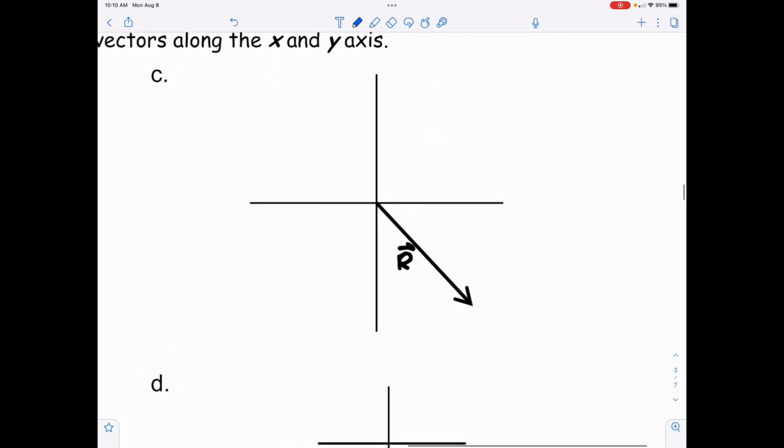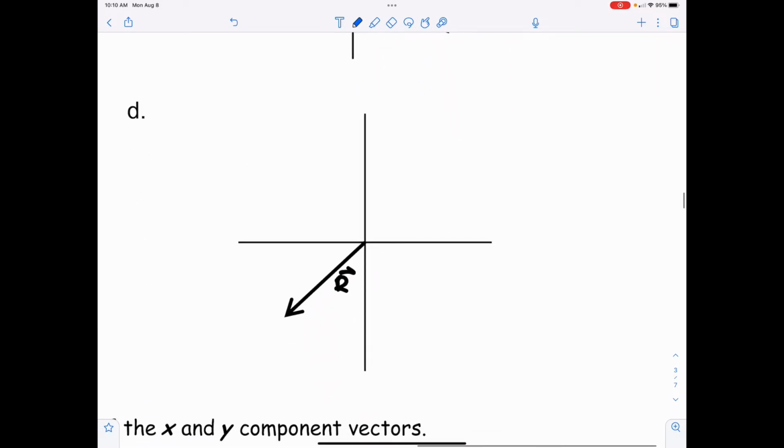Letter C is down and to the right, so we're going to go positive r in the x direction, but negative r in the y direction. Finally, in letter D, r is pointing down and to the left, so we're going to have negative r in the x direction and negative r in the y direction.